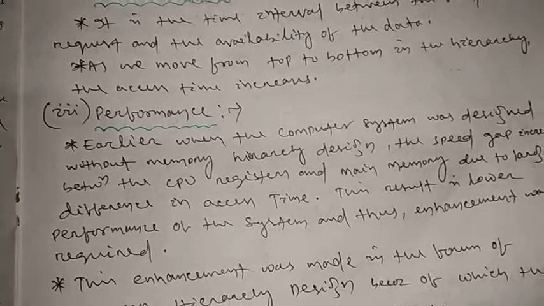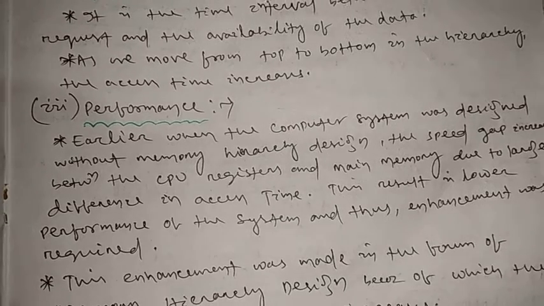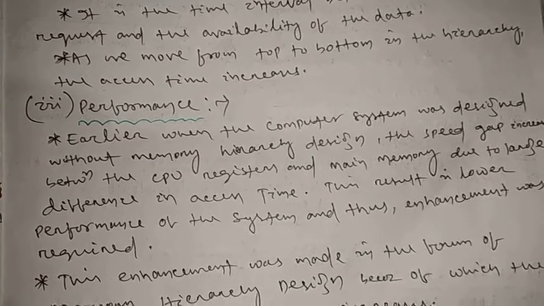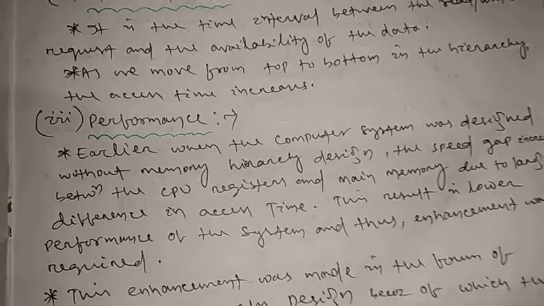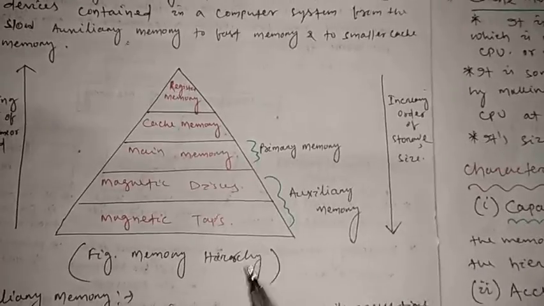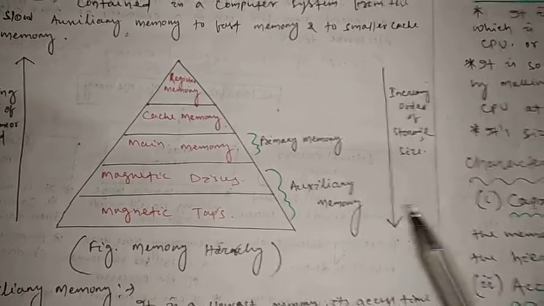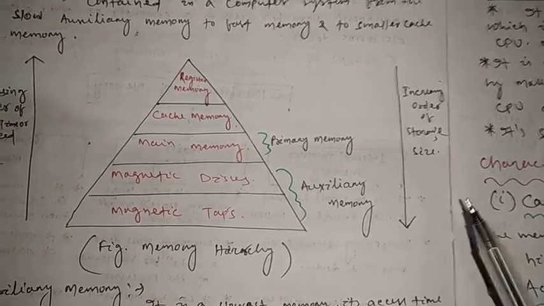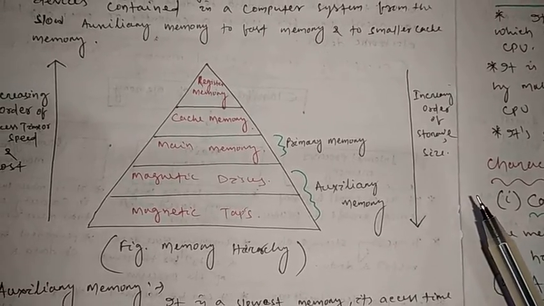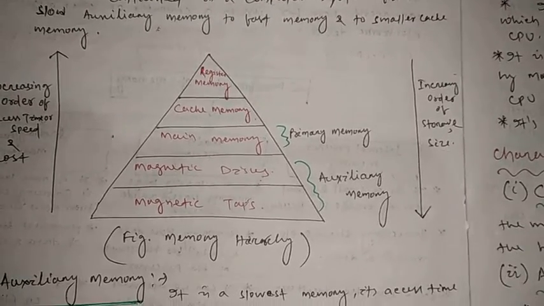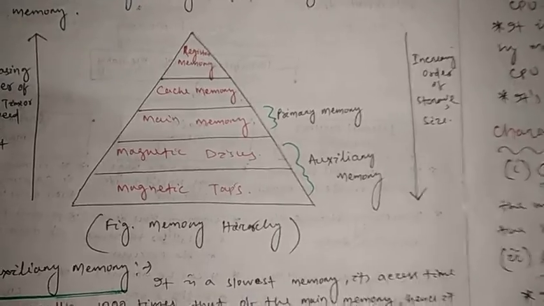In earlier days there was no memory hierarchy design, that's why there was less performance in computer systems. But when the memory hierarchy design came, the performance increased, due to which we can more efficiently use memory management, okay, with the help of the memory hierarchy diagram.